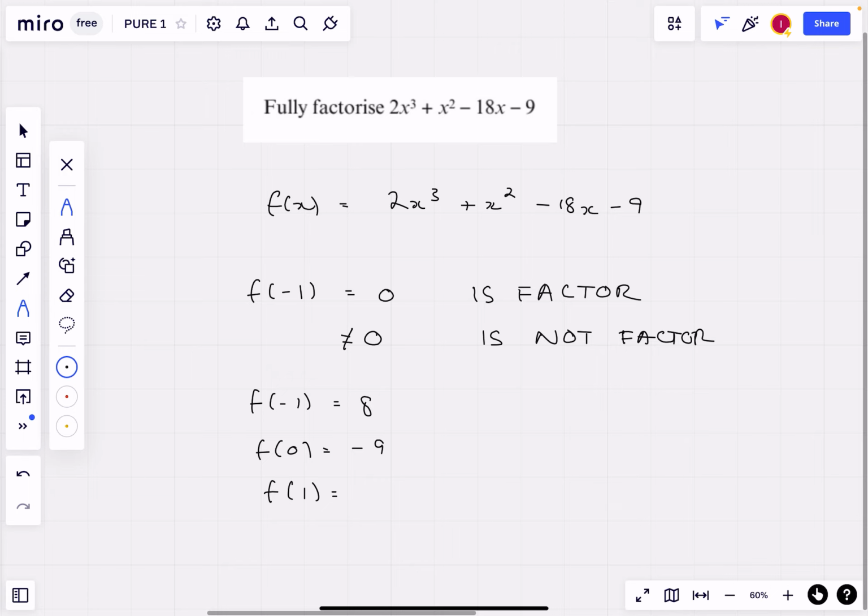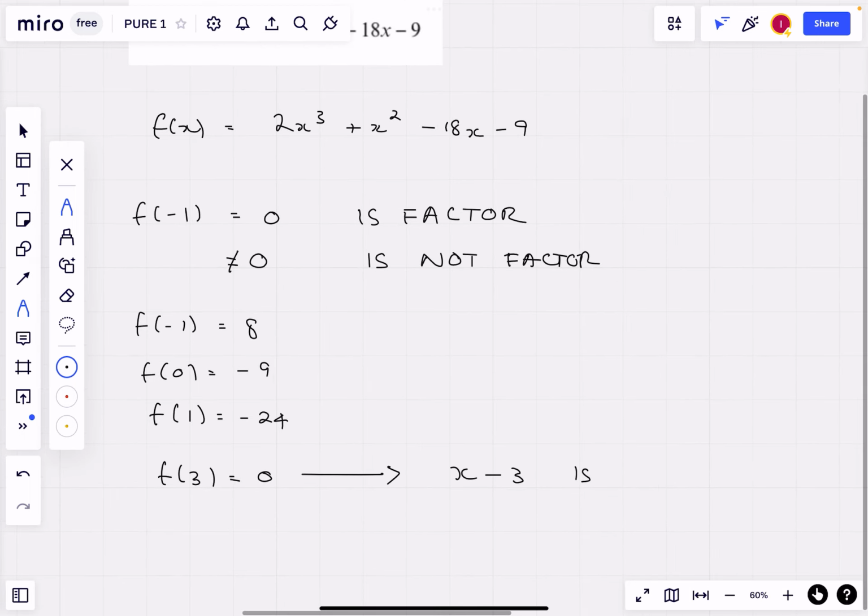Nope. f(1) gives you minus 24. So what number does work? 3. f(3) gives you 0, which means x minus 3 is a factor.